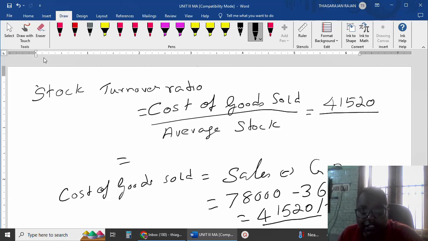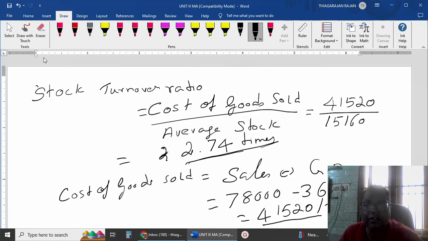You add these two, divided by 2. The average stock comes to 15,160. So the answer is 2.74 times. That is the stock turnover ratio. That means on average 2.74 times the stock has been converted into goods sold.